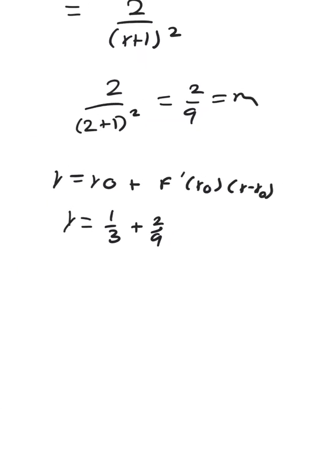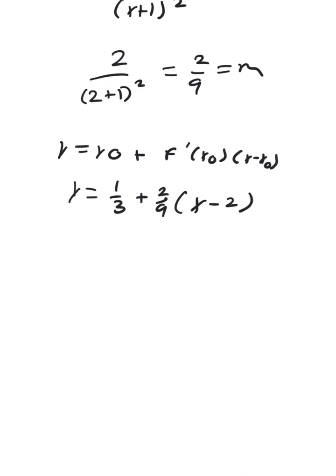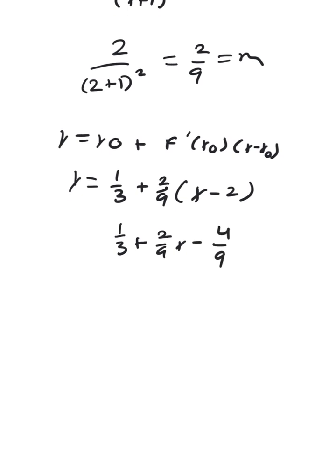Let's do the math here. 1/3 plus 2/9 x, 2 times 2 is 4, so minus 4/9.